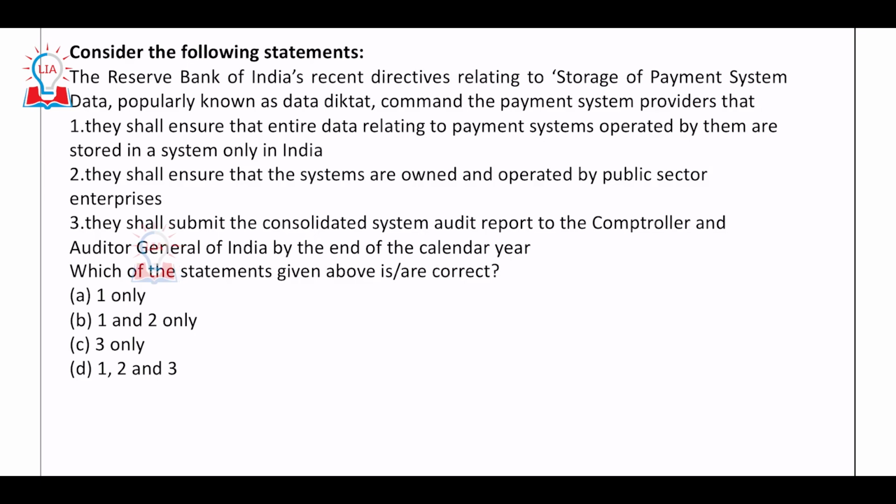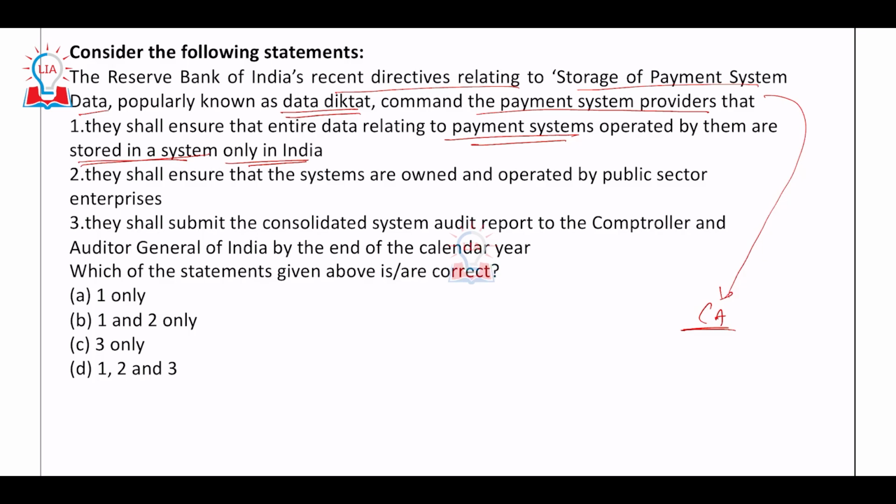And then you have the Reserve Bank of India's recent directives relating to storage of payment system data, popularly known as data diktat. So this was completely current affairs related question again. So what did this data diktat say? It basically meant that whatever information is related to the payment systems which are operated by private entities or any entity, the information related to the customer should be stored in a system only in India, not abroad.